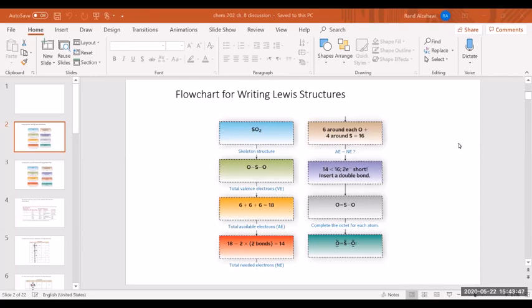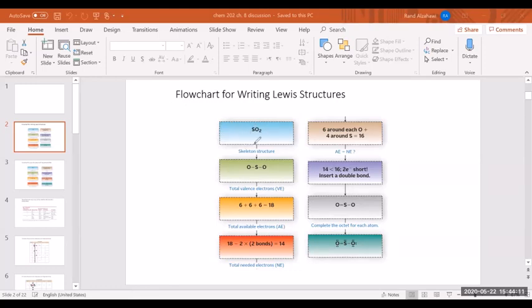Okay, so here we have this flow chart. What do we have here?